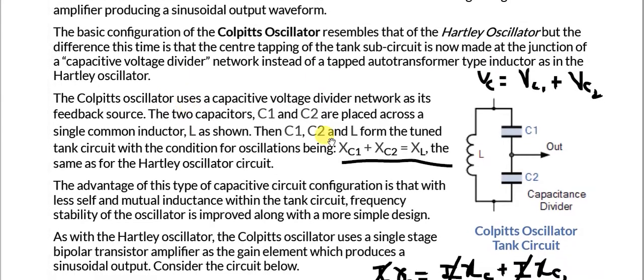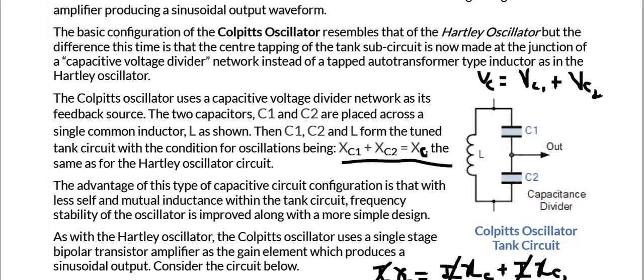So here you can see that these two capacitors are split together. C1 and C2 are in series. If you take the total, this is the capacitive reactance. Let me correct that one. So XC1 plus XC2 is equal to XC.